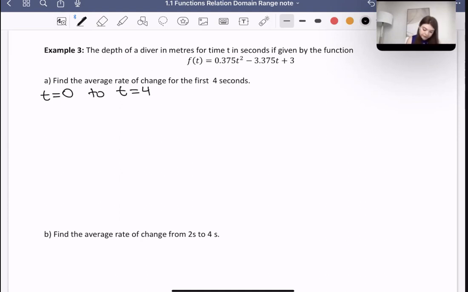But wait, in order to do that, we need the respective y values, or rather the respective f of t values of 0 and 4. So to do this, first, we must find those, right?